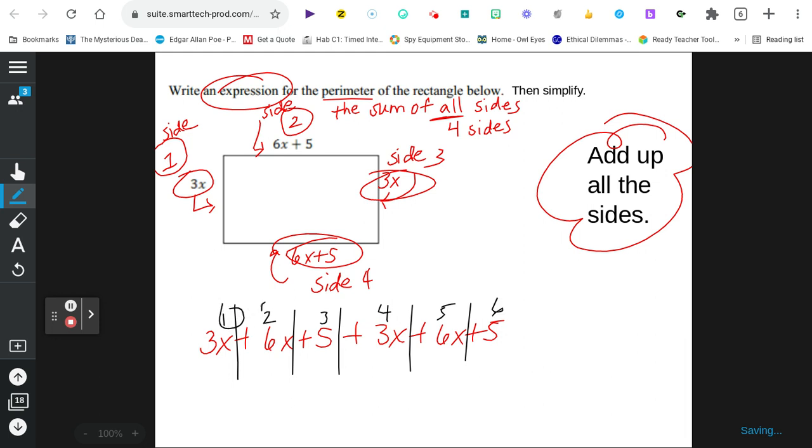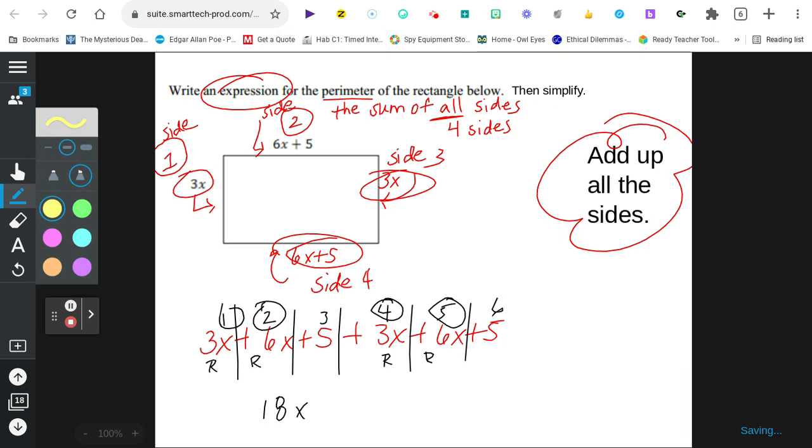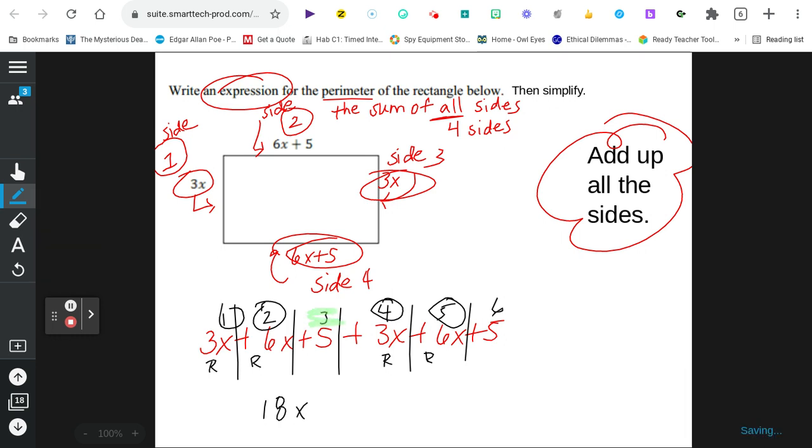Terms 1, 2, 4, and 5 match. And all of them go to the right. 3 plus 6 is 9. This 3 plus 6 is 9. Basically, that makes 18 x's. And then term 3 and term 6 are constants.